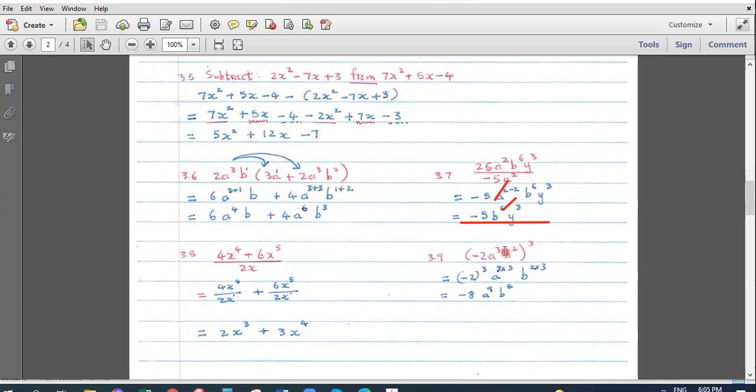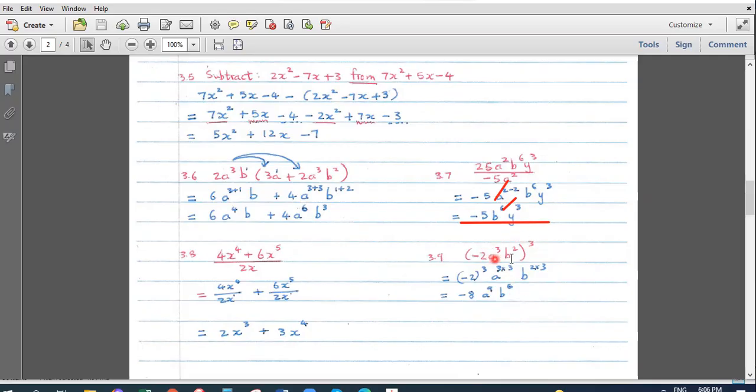And if you're cubing a to the 3, you're multiplying. 3 times 3 is 9. There's a 9 here. And then 2 times 3 is 6. So we cubed minus 2, which is negative 8. Cubing a cubed will give you 9, because 3 times 3 is 9. Cubing b squared will give you 6.